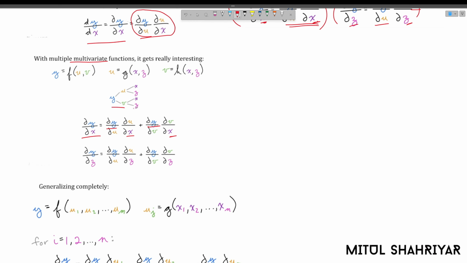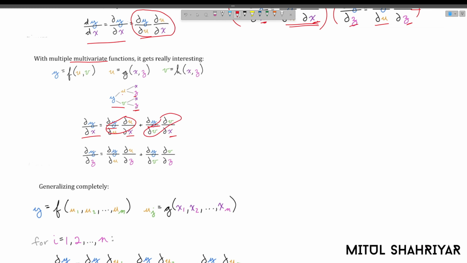Again u is dependent on x and z, and v is dependent on them too. So when we are differentiating y, we have to deal with both u and v, right?